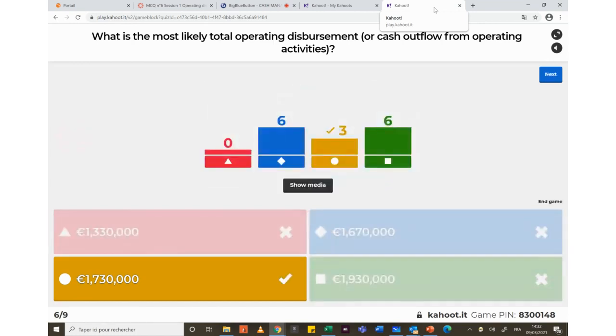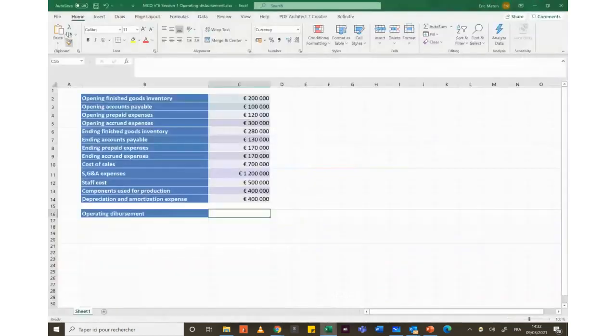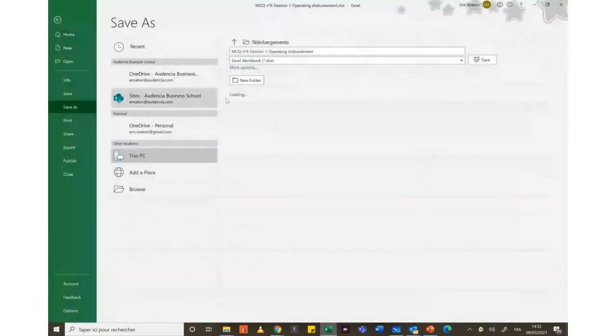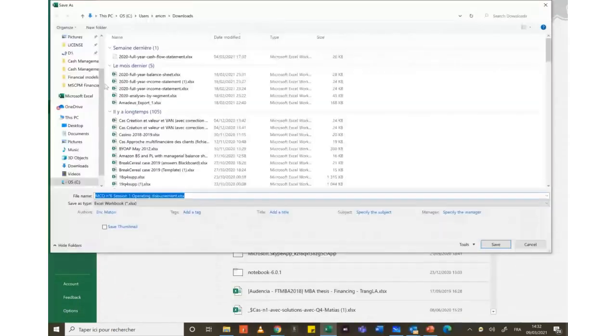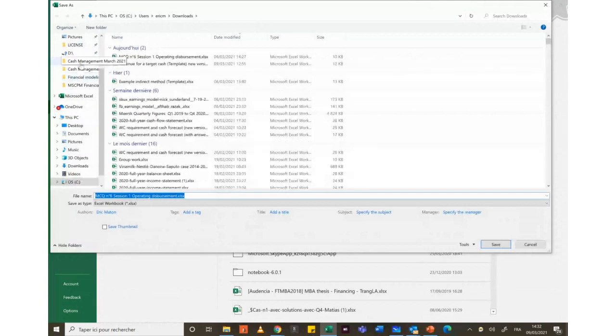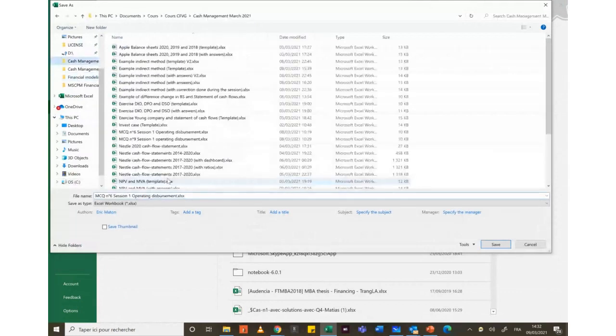So the good answer is 1,073,000. And we do the correction, and we have the break after the correction. So I save the Excel file with the correction, with answers.